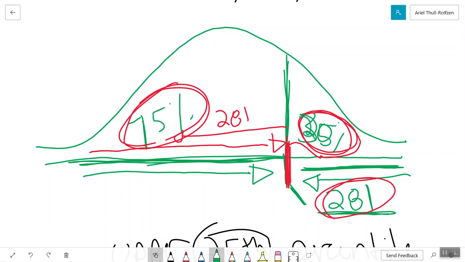Sorry, guys. All right. So instead of finding the lower 75th, we were told to find the upper 25th. But it's the exact same thing. We just converted it to the lower 75th and we solved for it, but this value is still the border. So it's the same answer.